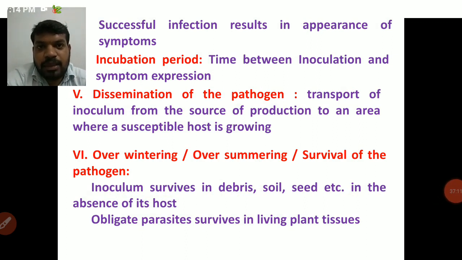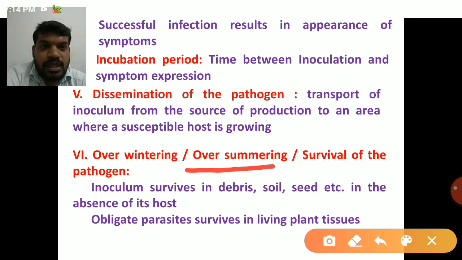Pathogenesis is a cyclic process. It will occur in a cyclic manner. The overwintered pathogens will germinate at the time of the new season or on a new susceptible host. So this is about pathogenesis. Thank you.